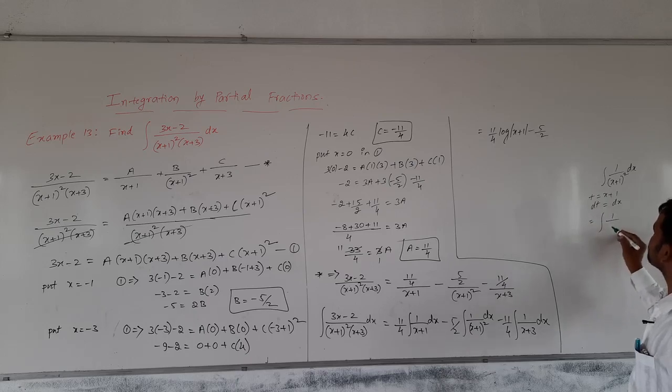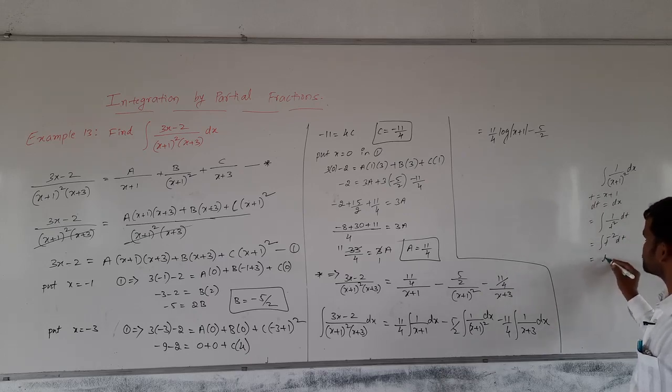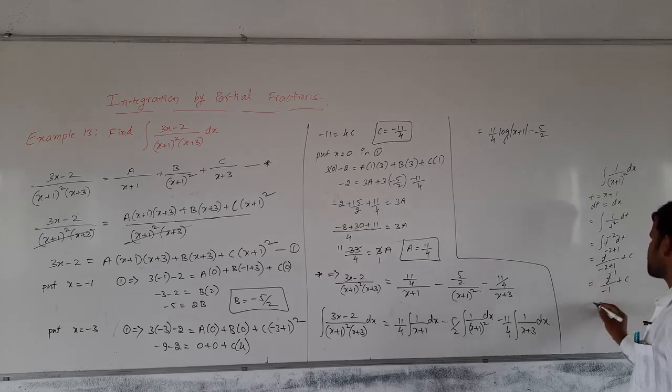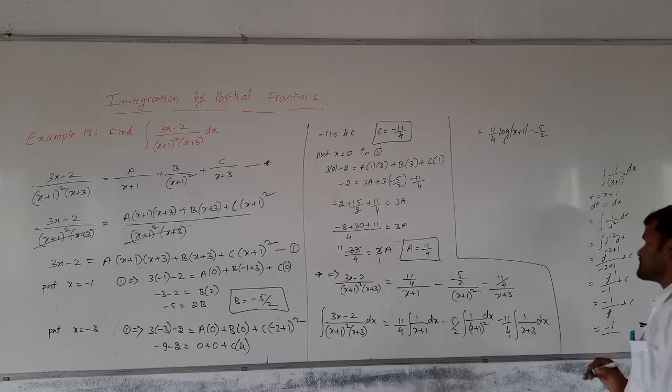This is the integral of 1/t² dt, which is the integral of t^(−2) dt. That is t^(−2+1)/(−2+1) + c, which is t^(−1)/(−1) + c, which can be written as −1/t + c. And t is x + 1.